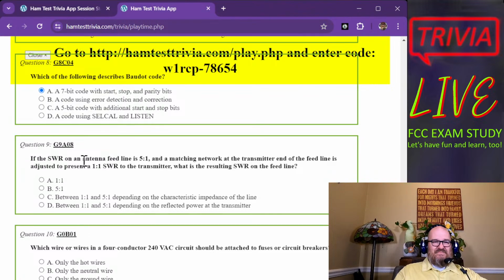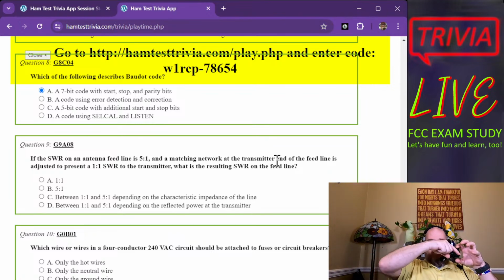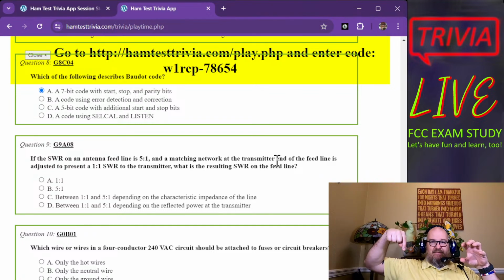So, if SWR on the antenna feed line is 5-1, the matching network at the transmitter end: transmitter, tuner or matching network, feed line, antenna.